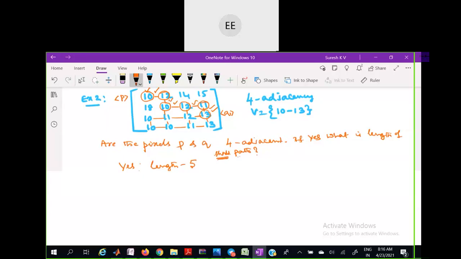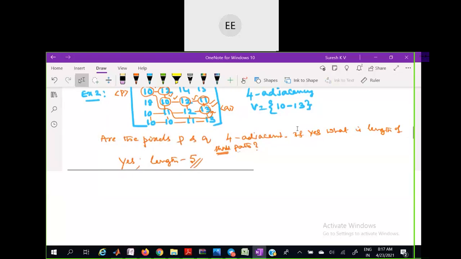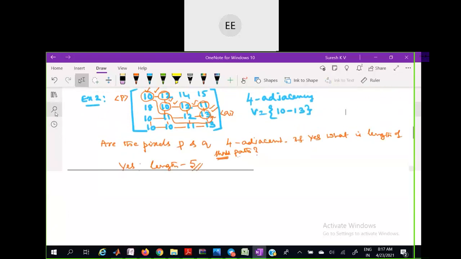Because as you rightly pointed out, I can go to this Q from P using this path, correct? I can also use this path. So observe here, it is 1, 2, 3, 4, 5, 6, 7. The length of the path is 7 here, whereas in this case, the length of the path is 5. So the shortest path is taken. Is that okay? Have I cleared your doubt? Yes, sir. Okay.